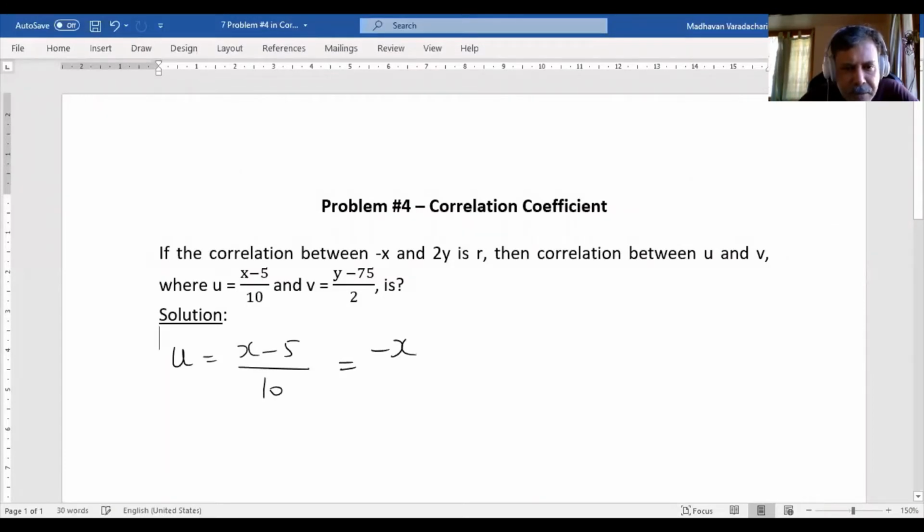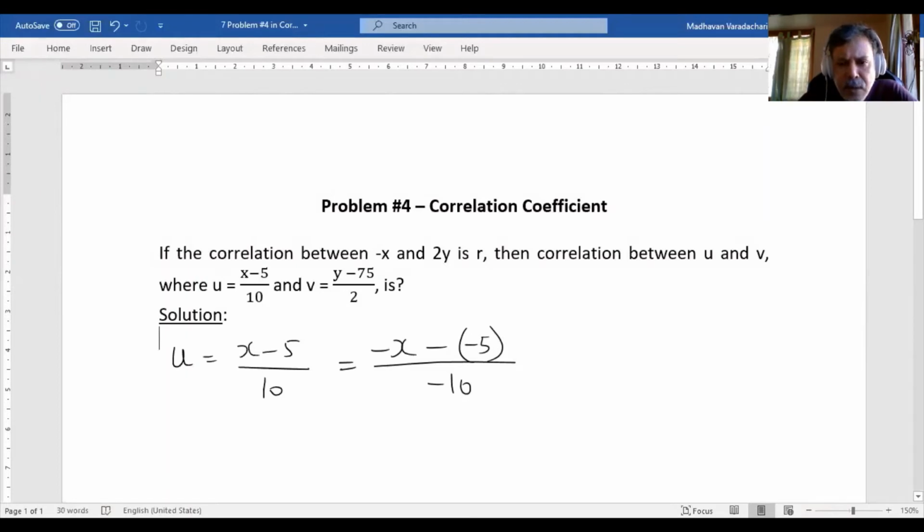Multiplying both numerator and denominator by minus 1, x will become minus x and this 5 will become minus 5, retaining the negative sign in between as it is. Then the denominator also becomes minus 10. So now I brought this negative x here.